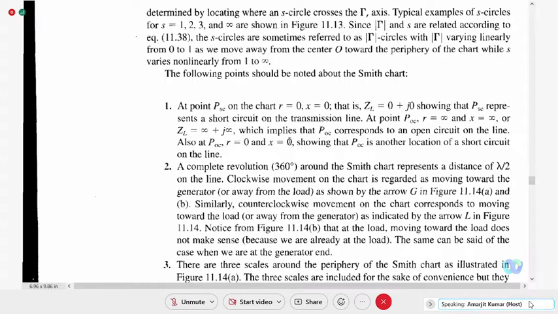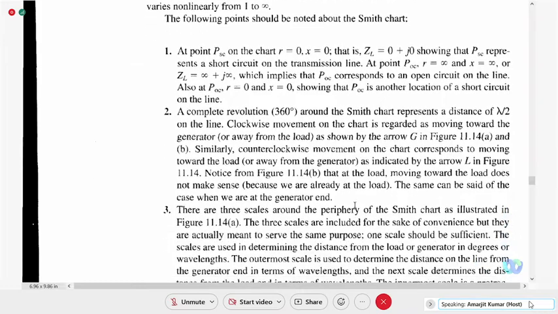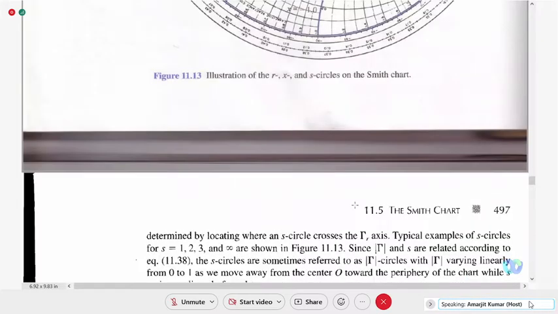Now, a complete revolution of 360 degrees around the Smith chart represents lambda by 2 of the transmission line. What does that mean?